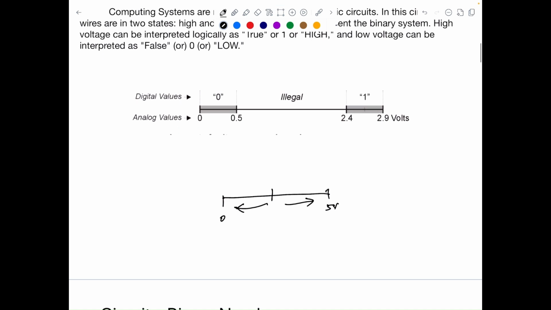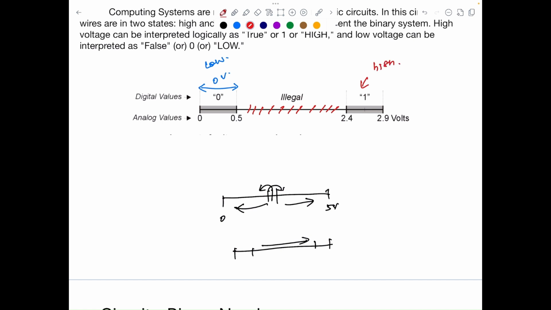The reason is that electrical signals can flip based on outside circumstances, which will lead to a lot of inconsistent states. So that's why we have a huge gap. This is an illegal area. Anything in this range is called 0 volt or low, and anything in this range we call high.